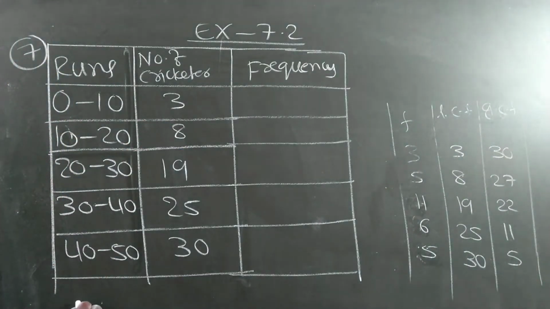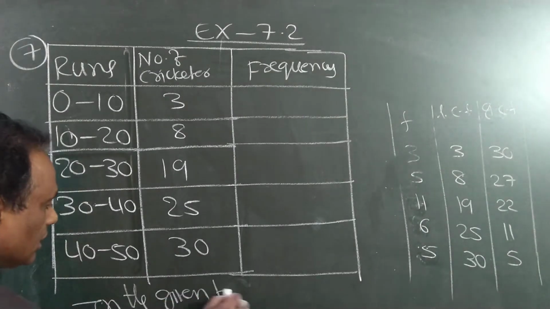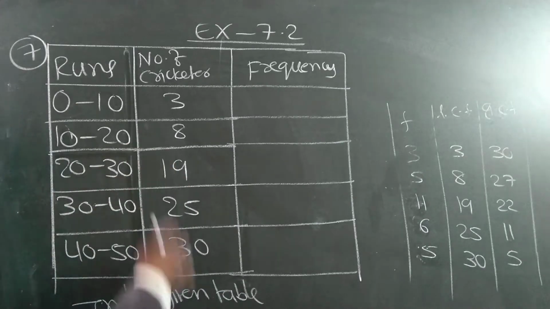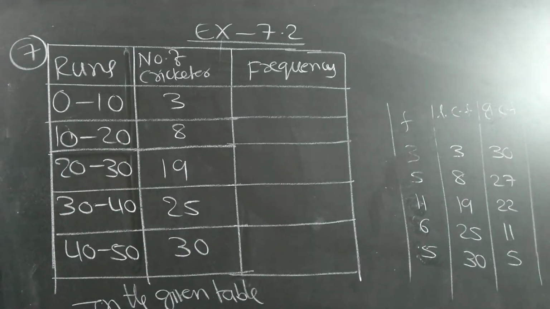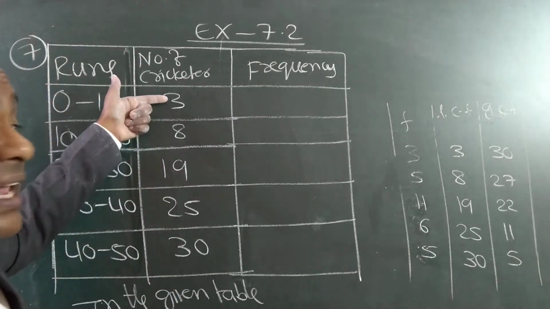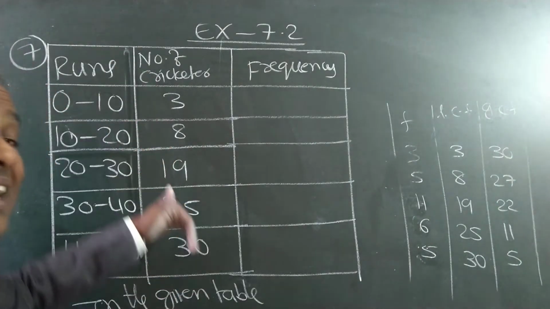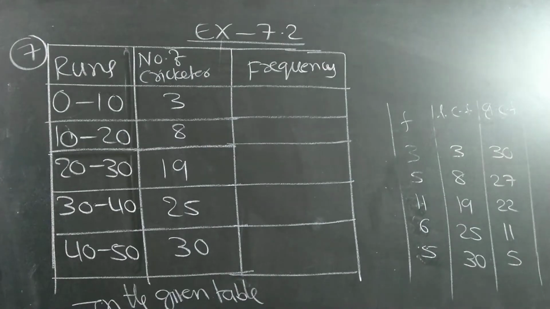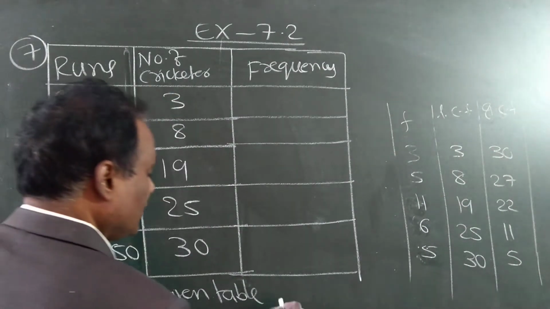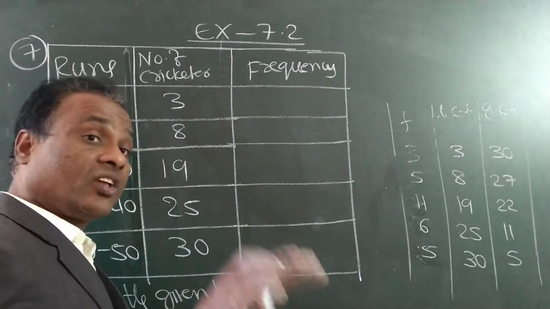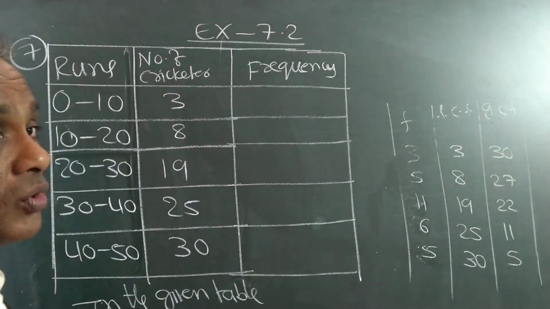In the given table, cumulative frequency is in increasing form. See the spelling from the textbook.